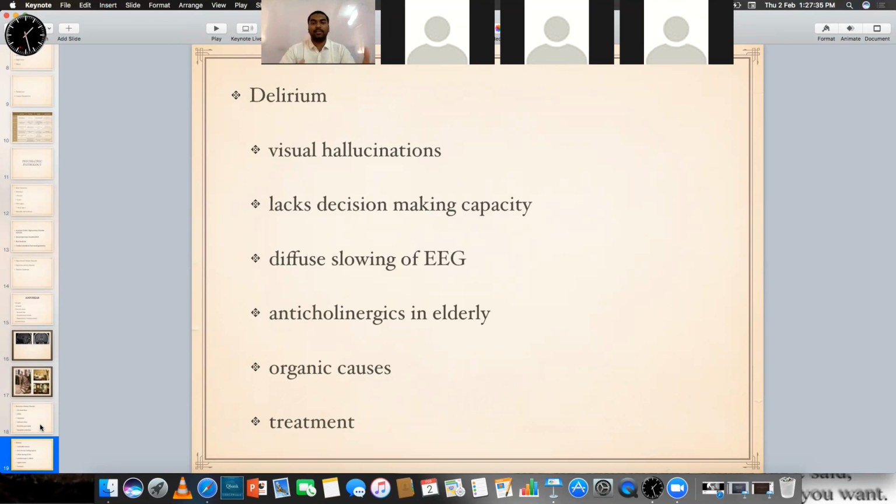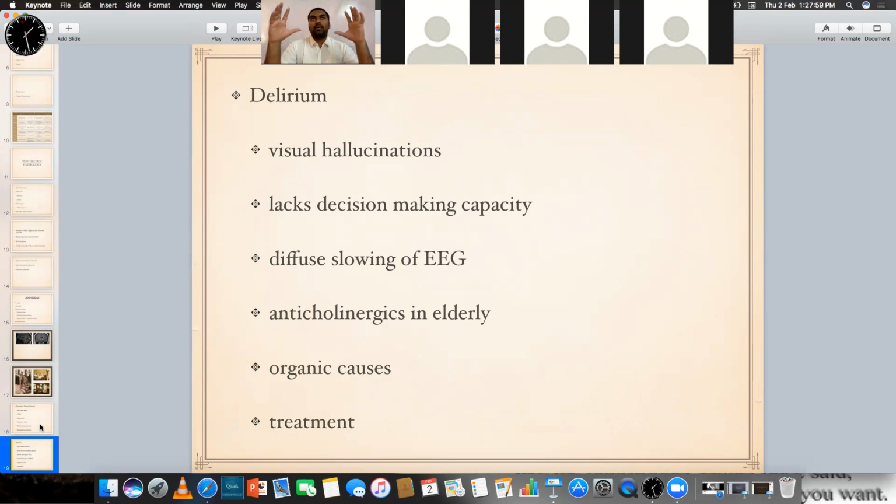Okay, that is delirium. So what are the features that you'll probably find in delirium? There can be only confusion without any other symptoms, or it can be associated with hallucinations. I mean, he'll start hallucinating. Usually, delirium is diagnosed in a hospital setup.